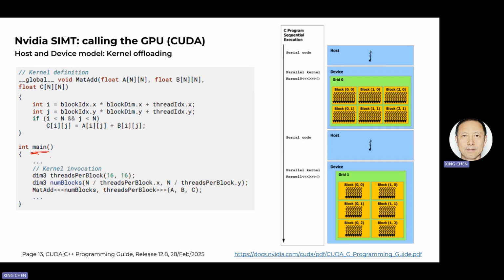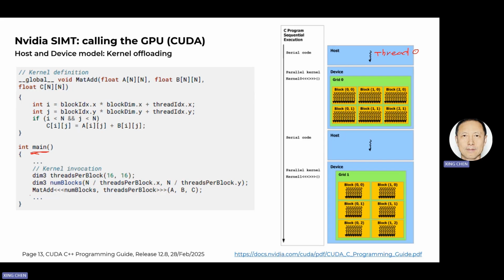You start executing the C program, and your program will be executed here with only one thread, thread 0. Then you need the help of the GPU. You have a big workload, and you need to use the GPU to work on this workload.